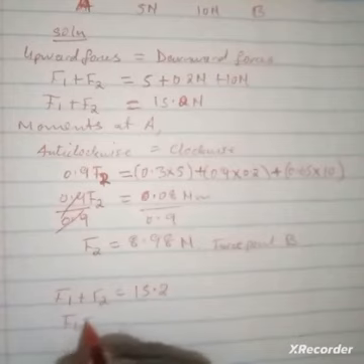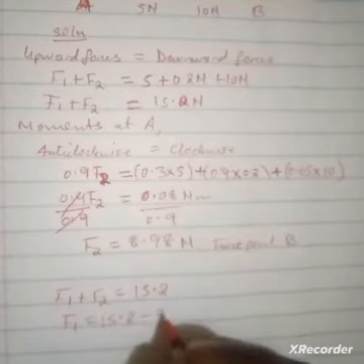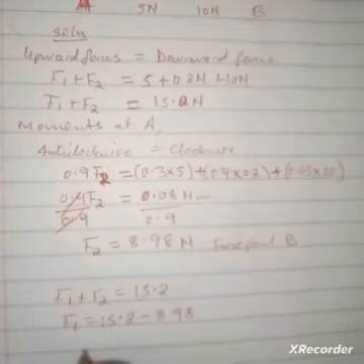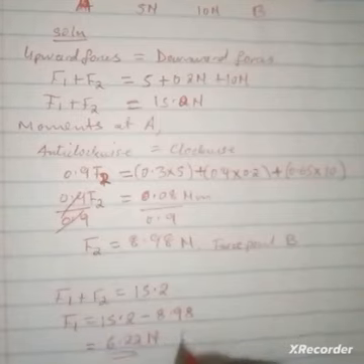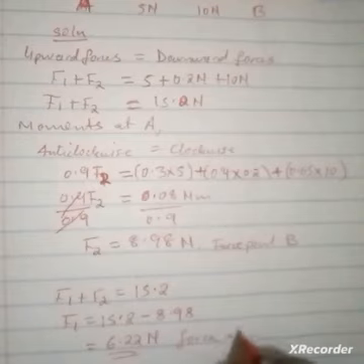F1 is equal to 15.2 minus 8.98, so we get 6.22 Newton. So that is the force at A.